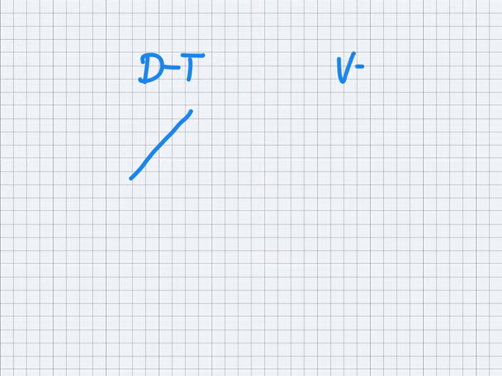On a velocity time graph, constant velocity would just be a straight line like this, in the positive region of our graph, because this is a positive slope.